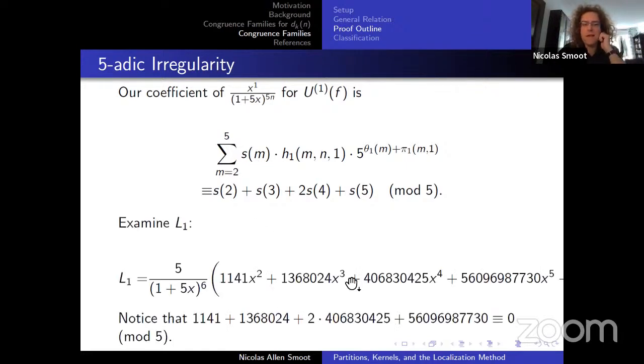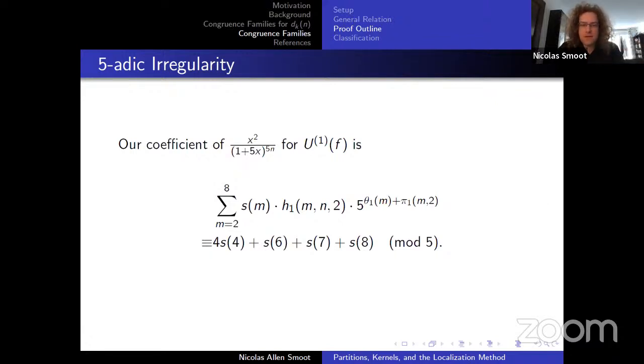And if I give you L1, I pulled out the 5 here. And you can show that this coefficient plus 2 times this coefficient plus this coefficient is divisible by 5. In this case, it's very easy because these coefficients just drop off pretty quickly. They don't, in general, drop off so nicely. But as you can see, 1 mod 5 plus 4 mod 5, it in fact works.